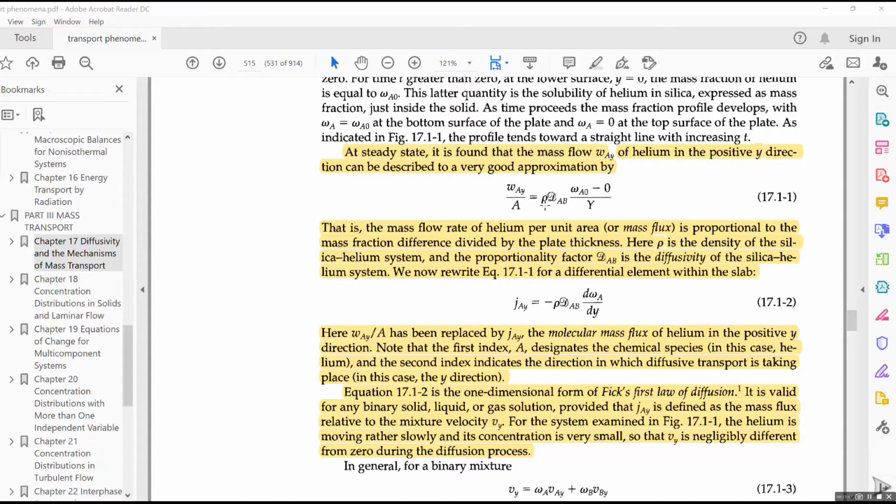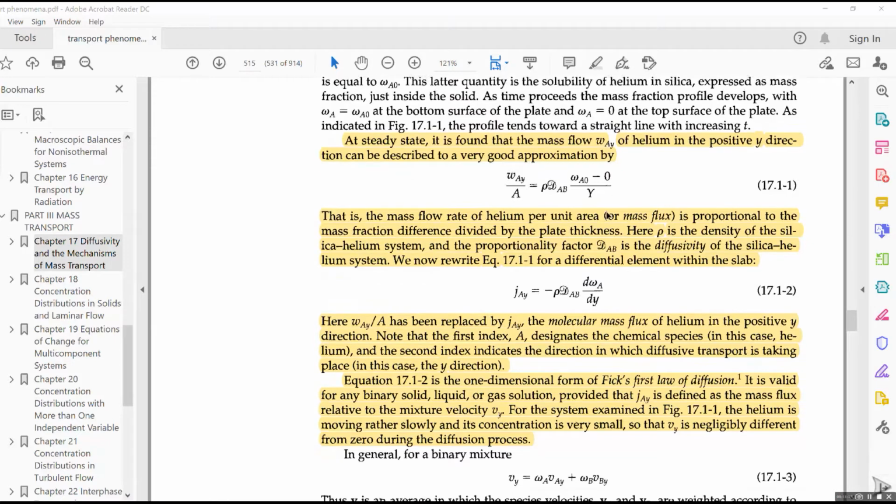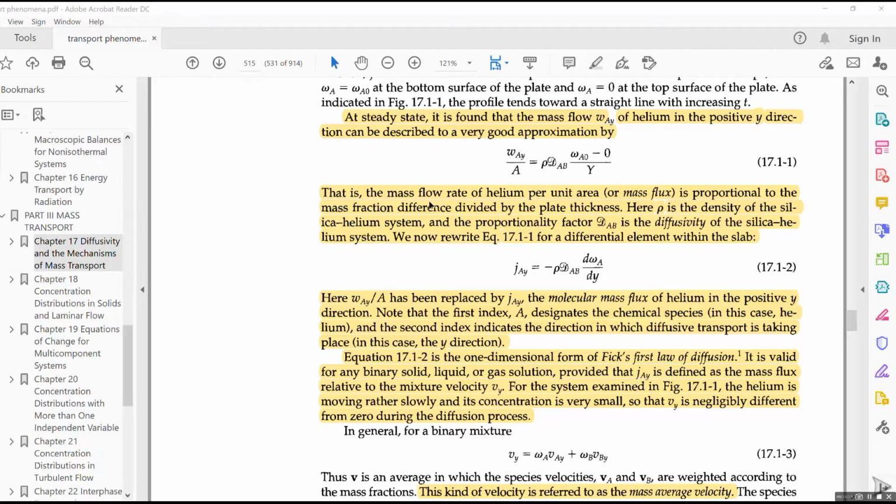Rho is the density, and DAB is the diffusivity of A inside of B, and WA0 is, as we know, the concentration of the helium below the slab at time equal to 0, and Y is the thickness of our slab. So from here we call this the mass flow rate of the helium per unit area, or mass flux, which is proportional to the mass fraction difference divided by the plate thickness, as we see on the right side.